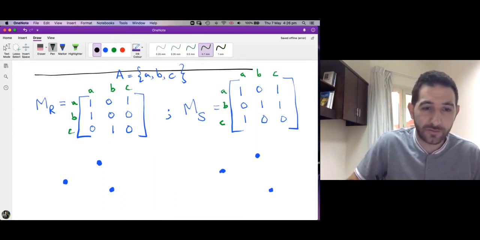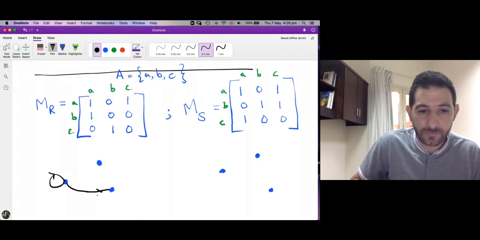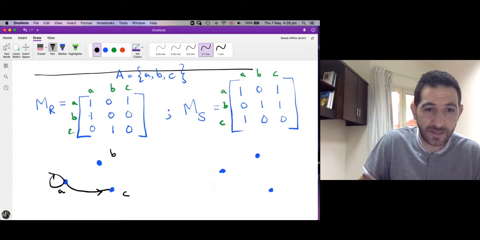From R we know A is related to itself, and A is related to C. And from the second row we know that B is related to A. And from the third we know that C is related to B.